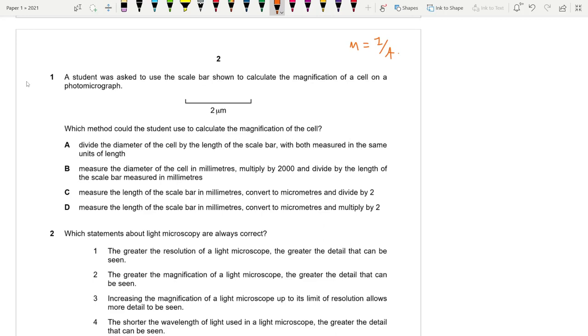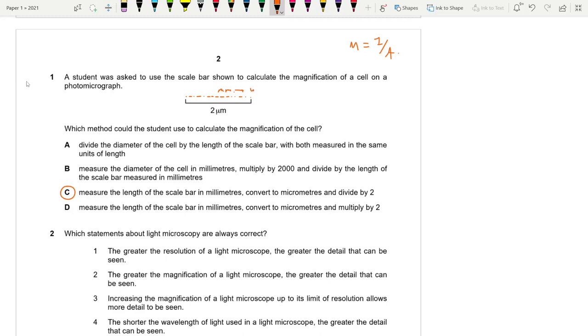Okay, so magnification is equal to image length by actual length, right? So we need to understand something. What's the best answer here? The answer is actually C. I'll tell you why. We're going to use a scale to measure the length of this bar in millimeters, okay?